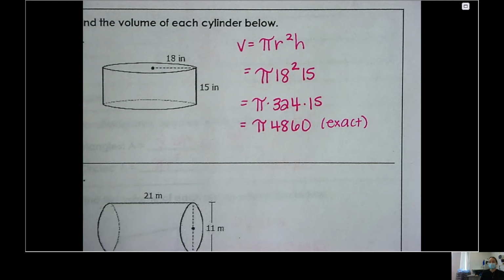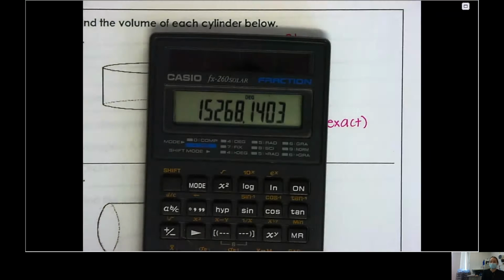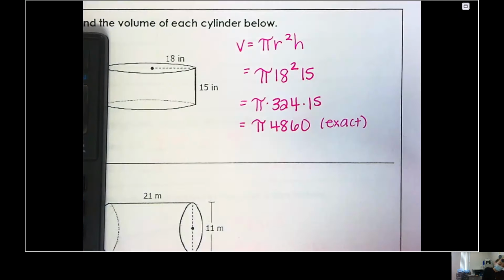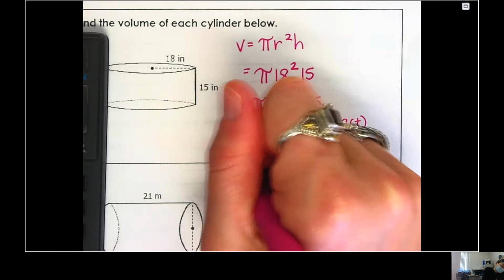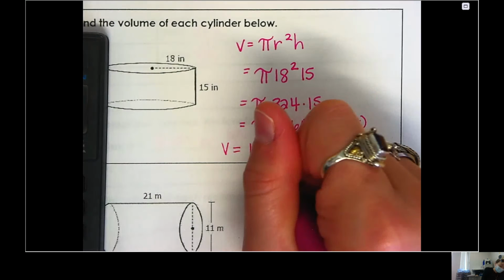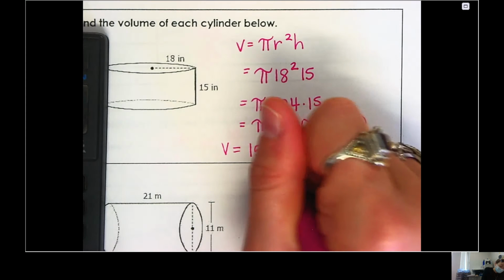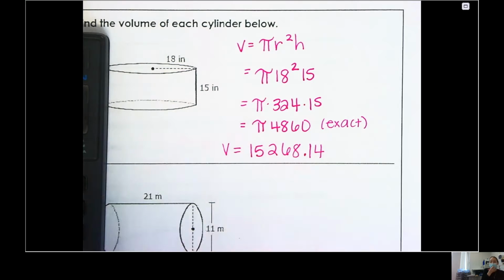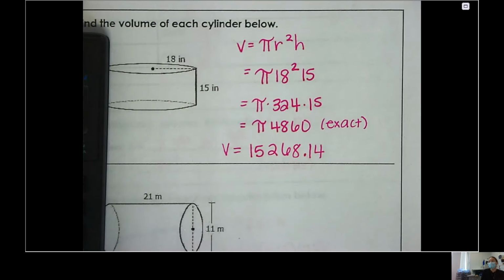Is it a big number? Does it look like this number? Okay, good. It's a very big number. Volume usually gives you big numbers. So my volume is 15,268.14 what? Inches cubed.